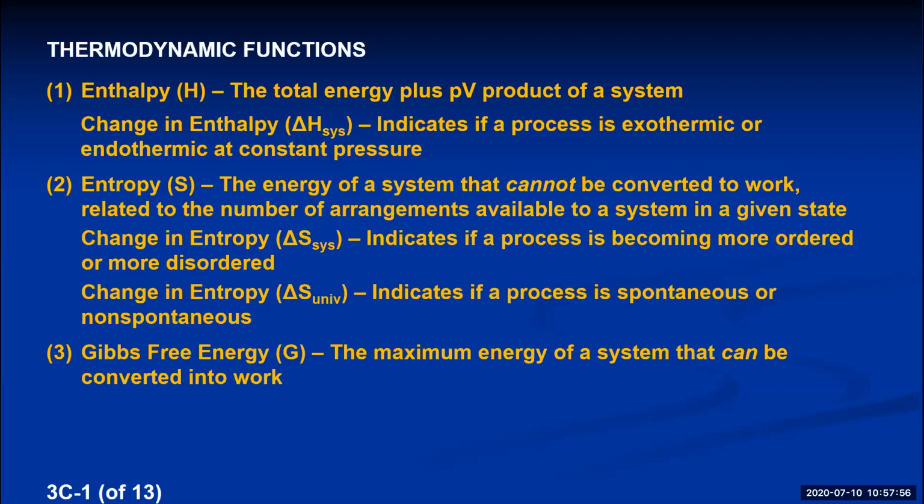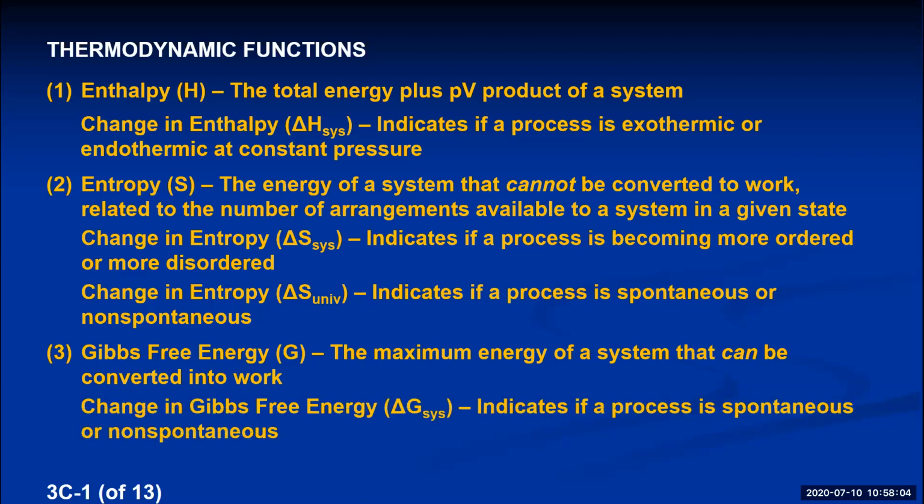And that tells us the exact same thing that delta S of the universe tells us. So we use this in place of calculating delta S of the universe. The change in the Gibbs free energy, delta G, of a chemical reaction indicates if the process is spontaneous or non-spontaneous.